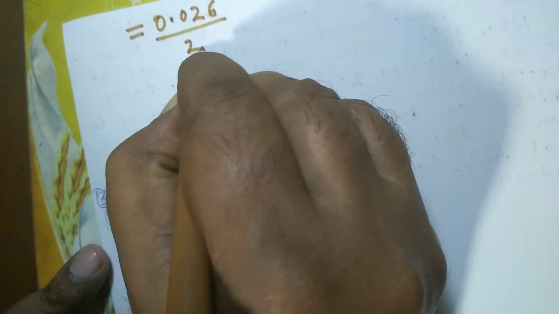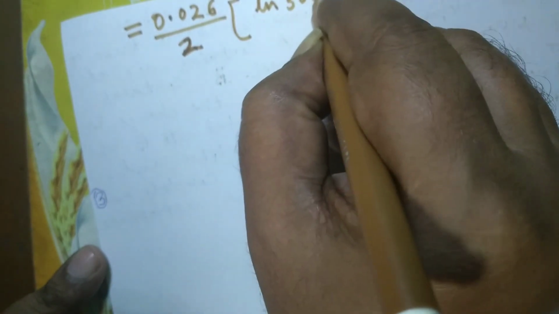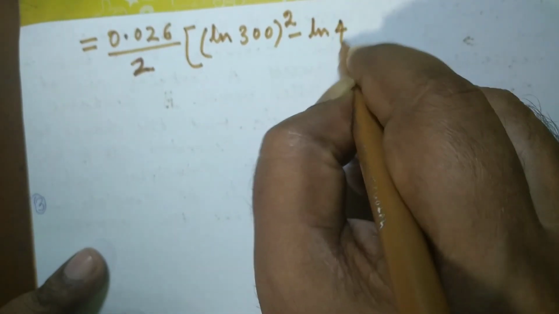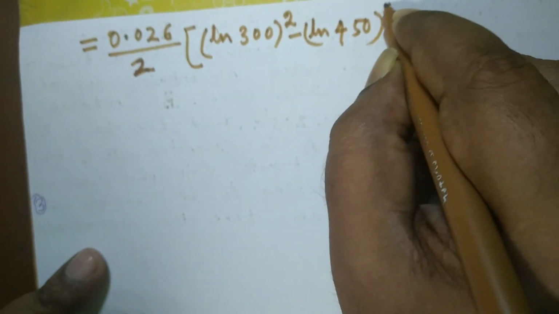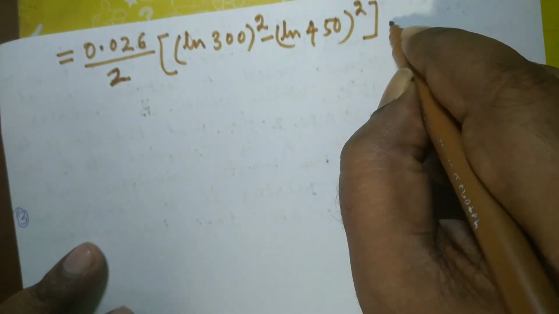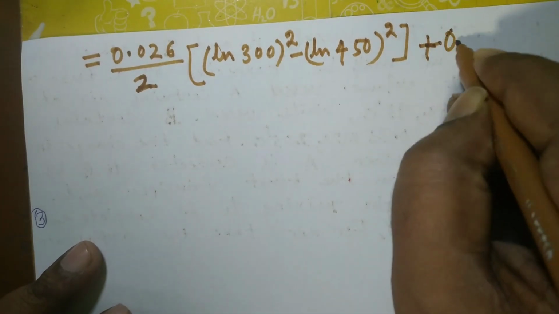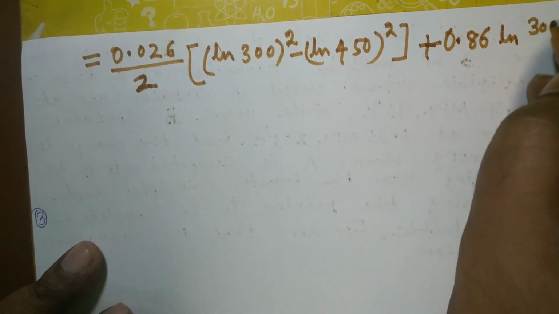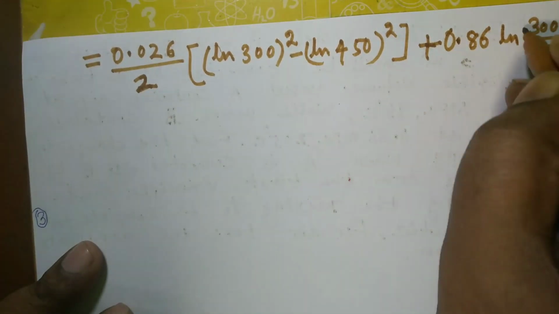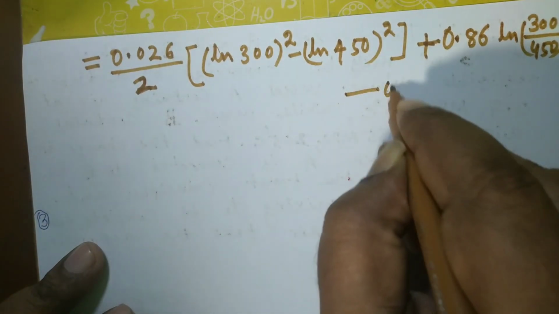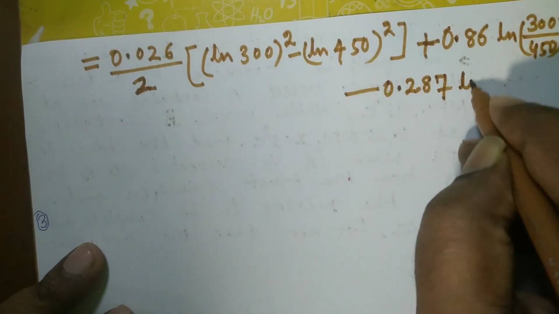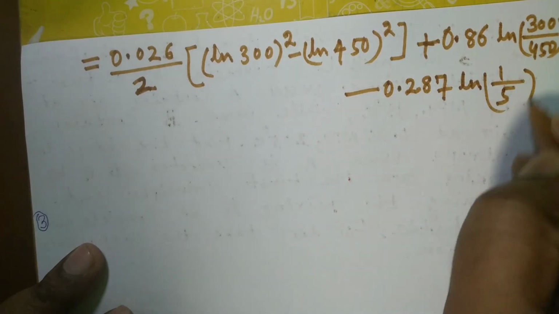0.026 divided by 2, ln 300 square minus ln 450 square, plus 0.86 ln 300 by 450, minus 0.287 ln 1 upon 5.